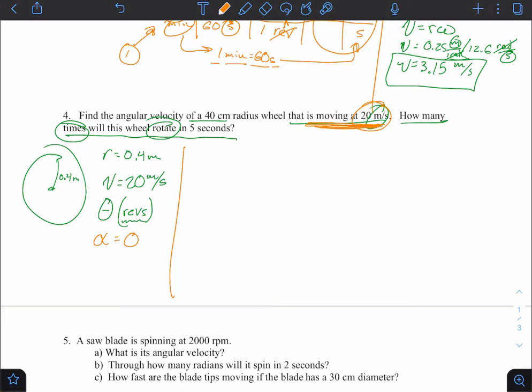So this looks like the second equation, but I'm going to jump and convert this into radians per second using the omega equation.